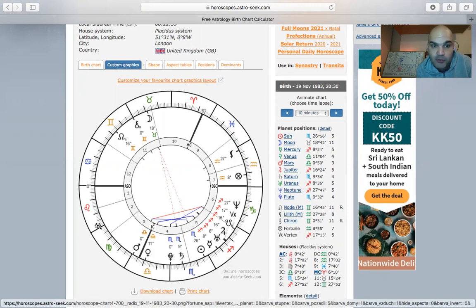If I was born like 4 hours later, this Leo here would be up here, so it would give me a totally different chart. Then my sun would be in this house, which would be maybe about communication, or if it was in the second house, it would be about my possessions and values. So depending on which house the sun is in will show you how you express yourself.